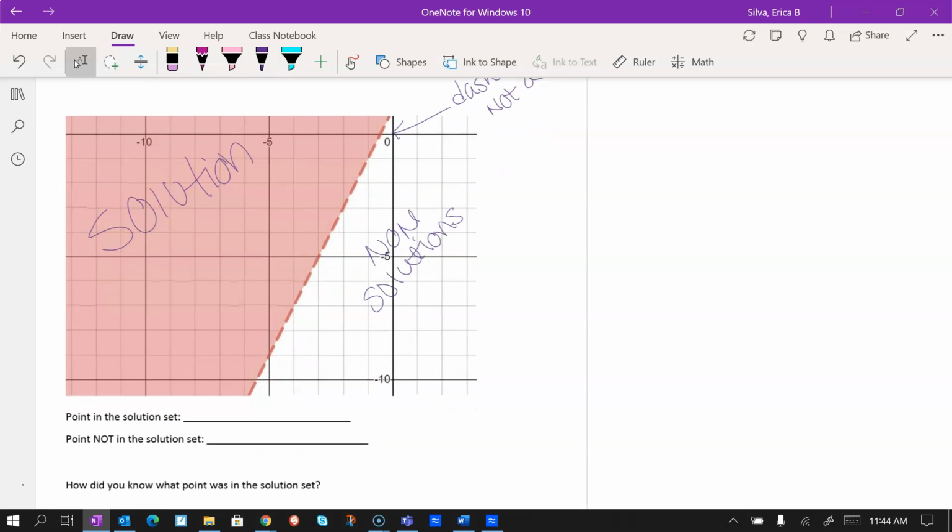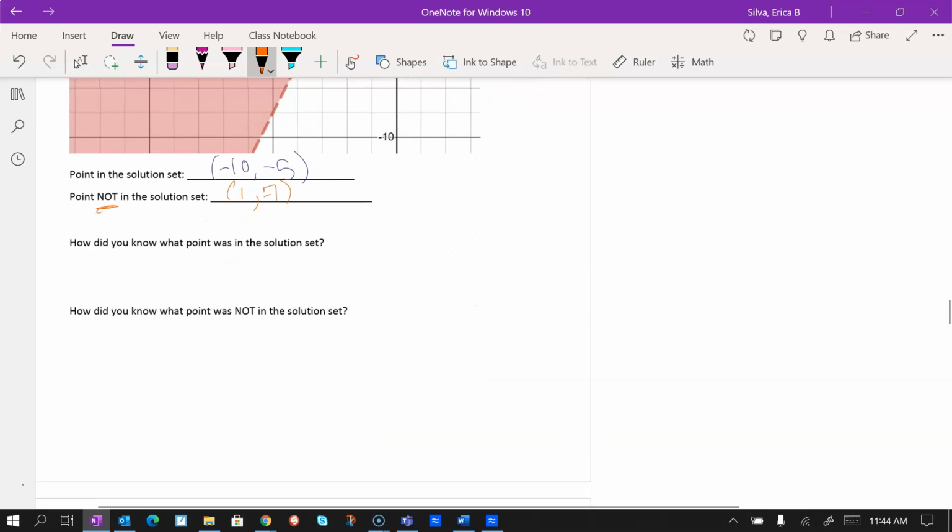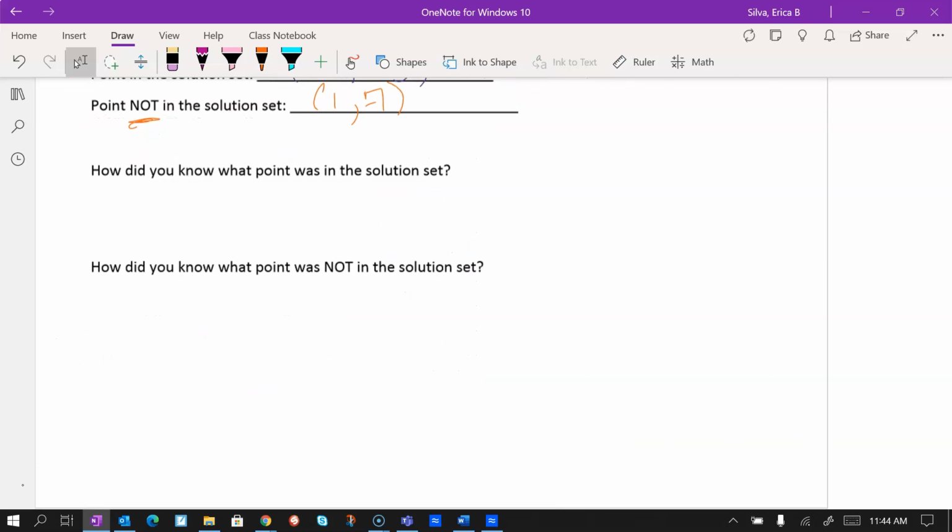So if we want to use a point on a solution, I'm going to use this point right here, which is at -10, -5. And if we want a point that is not a solution, then I'm going to choose something from over here. And over here, we've got 1, -7. How did we know the point was in the solution set?